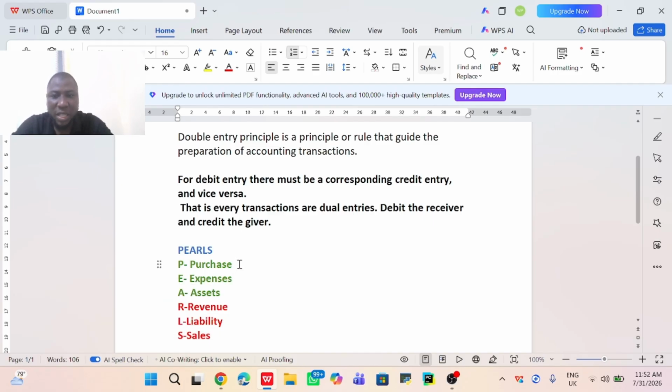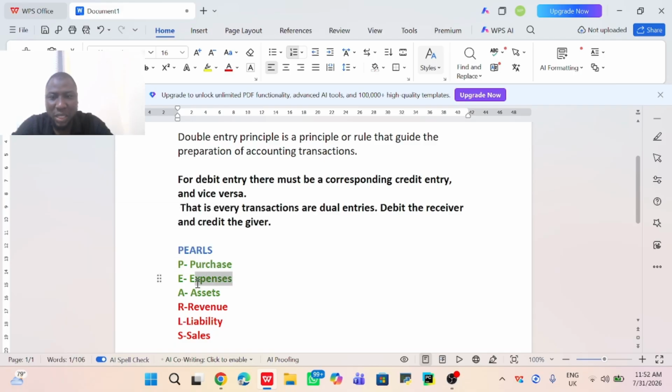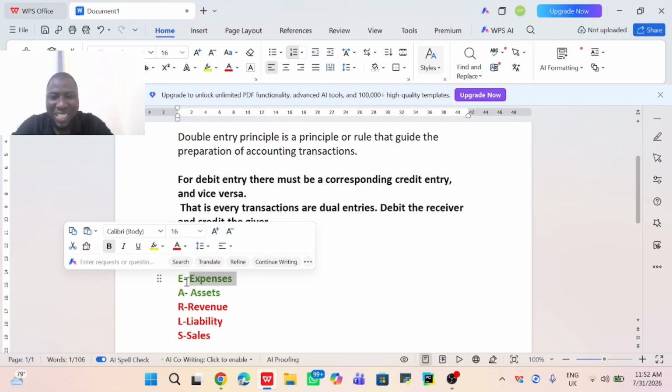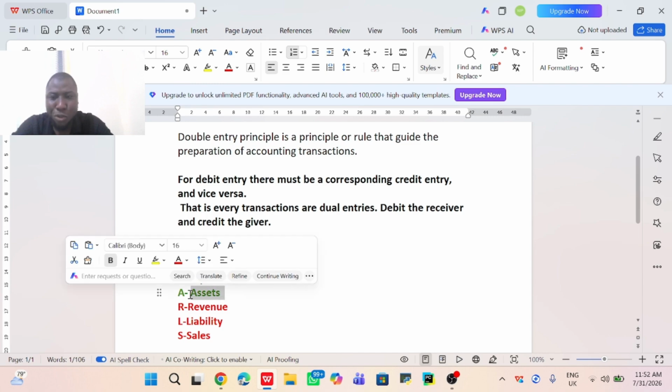Let me explain again. Whenever you buy something, you will debit what you bought. Whenever you spend money on something, that amount of money you spent will be debited. Whenever you purchase an asset or increase your asset, that amount of the asset you just acquired will be debited.